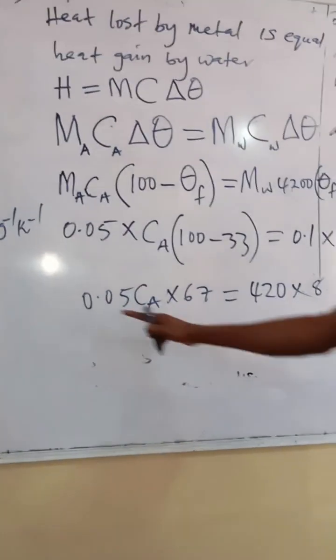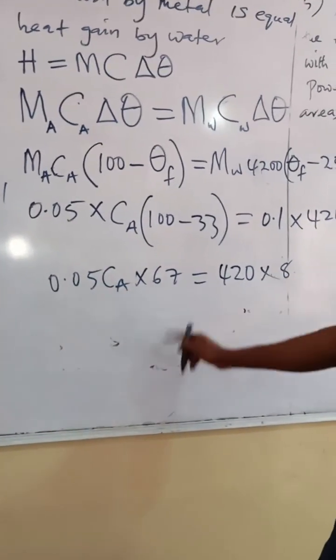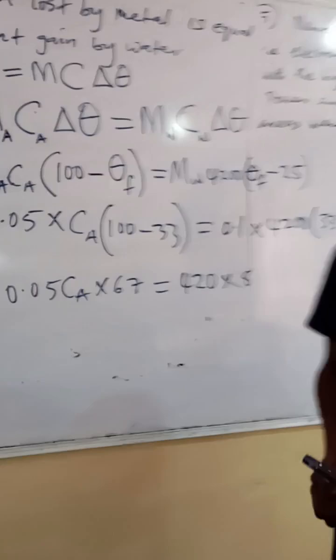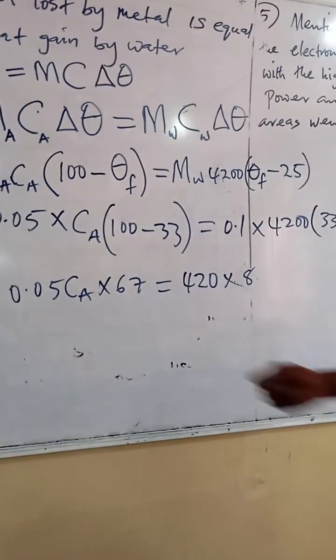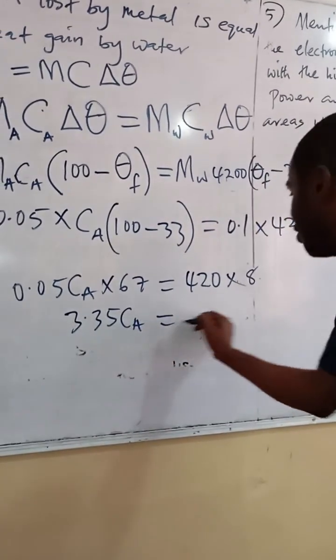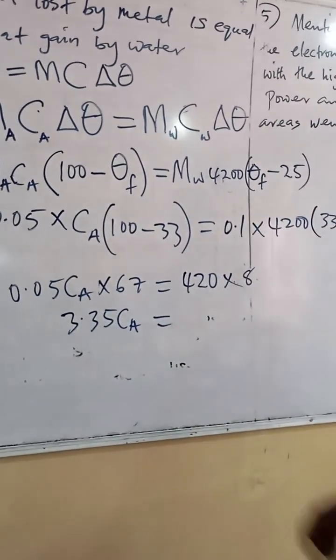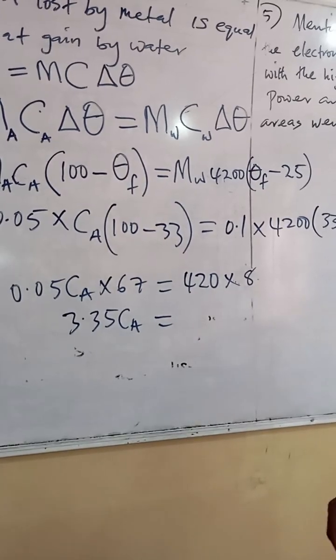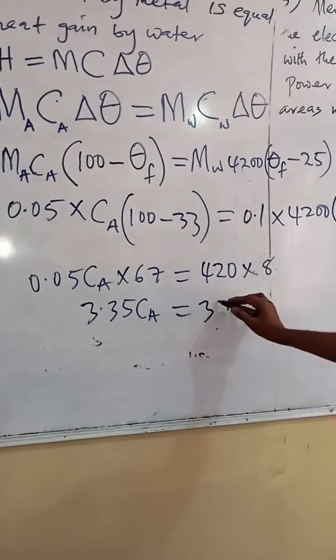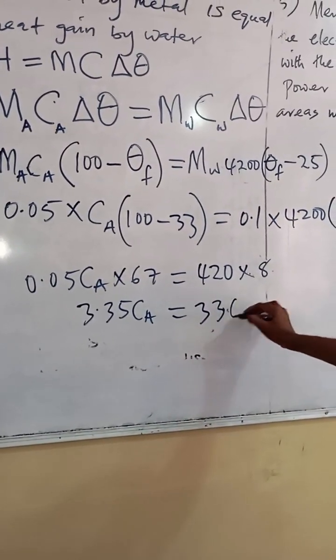So 0.05 times 67, anybody with a calculator can do that, is 3.35. So 3.35 Ca is equal to 420 times 8, which is 3,360.